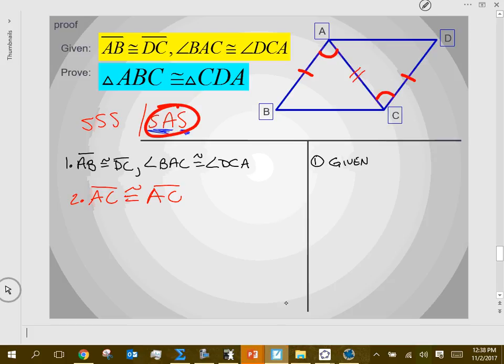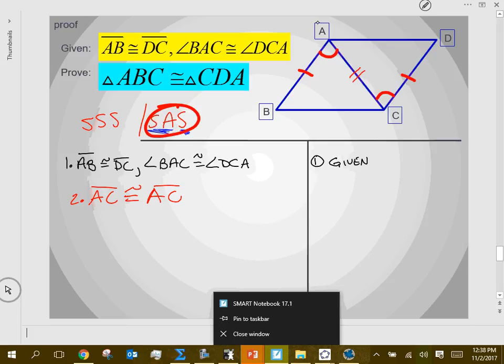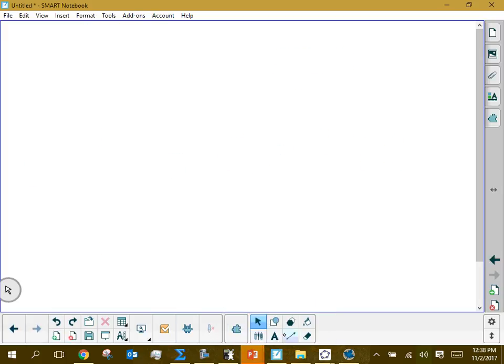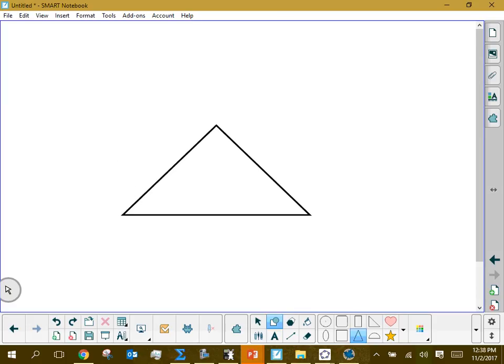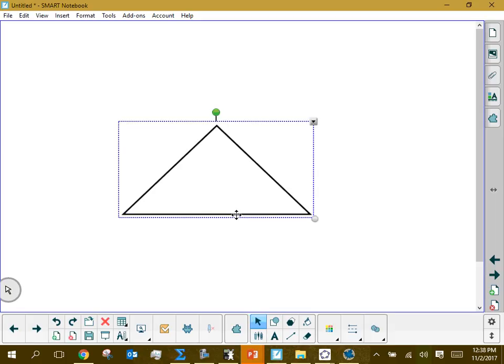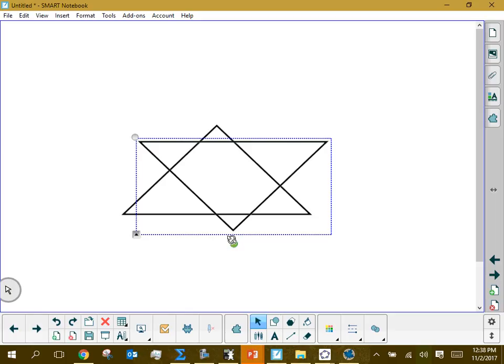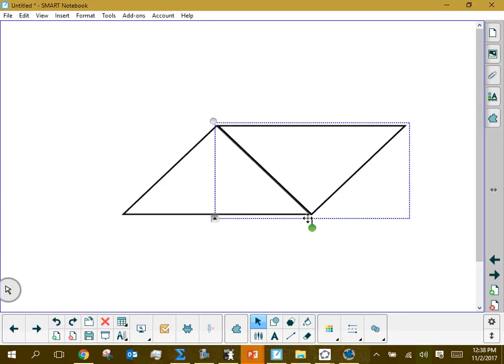If I were to take a razor blade and cut down through AC all the way up along that segment, and I pulled those two triangles apart, let's see if I can draw it here. Okay, so that's kind of the picture that we had, right?